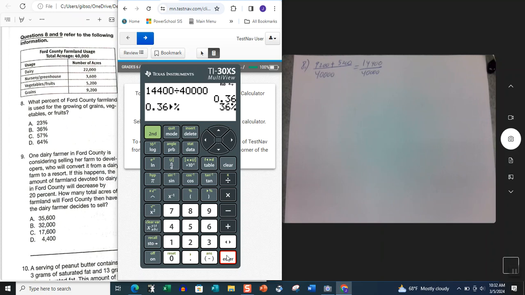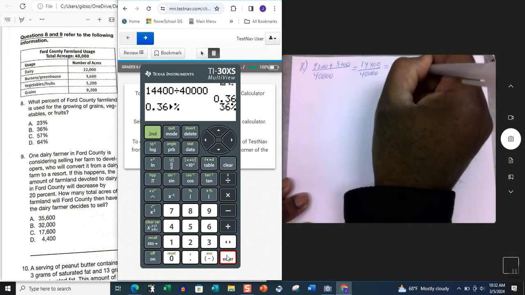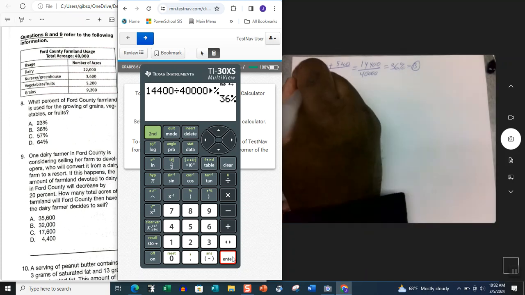And that'll give you a percent, 36%, which is B. Just to show you, when I typed the 14,400 divided by the 40,000, before I press enter, I should have pressed second and close parenthesis, then press enter, and that would have given us the percent.